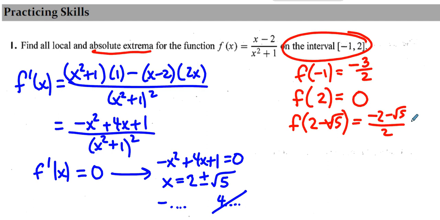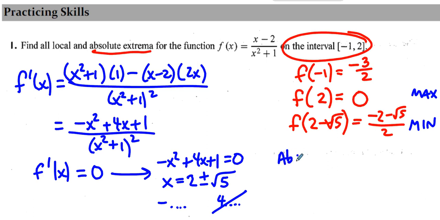So here's the thing. This is -2. That's like -4 over 2. So that's less than -3 over 2. So this is the min and this is the max. What does that mean? How do we write that?